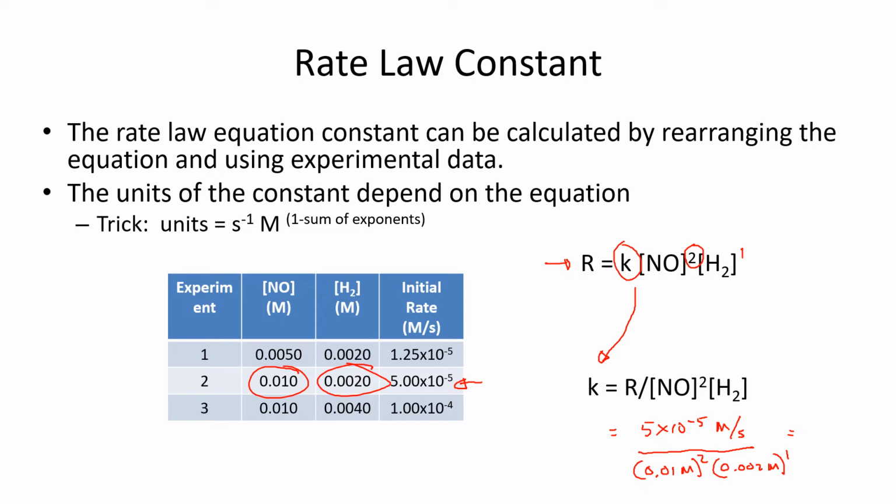And so let's see what that all comes out to. So 5 times 10 to the negative 5 divided by bracket 0.01 squared times 0.002 to the power of 1, close bracket, equals. So I get 250. So 250 what?